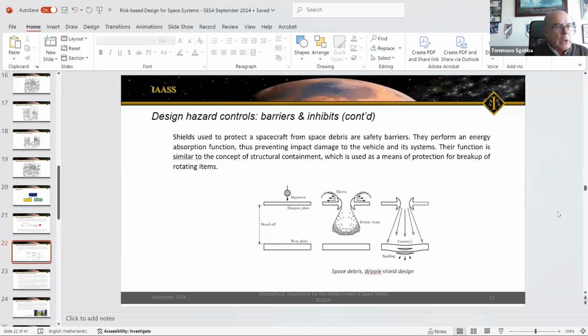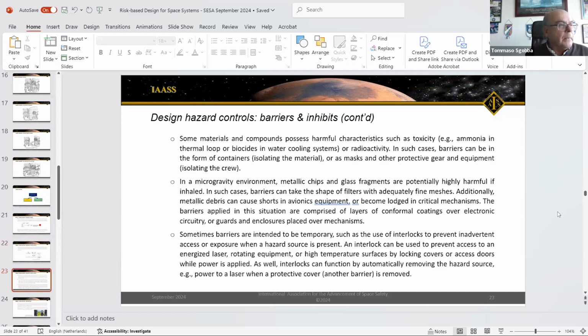This is a kind of barrier. The protection could be external to the human or could be in the form of masks and other protective equipment that you may think about.